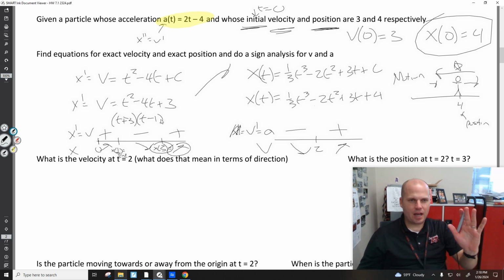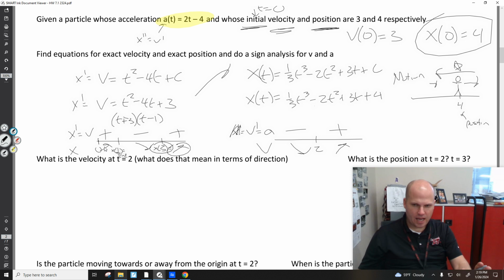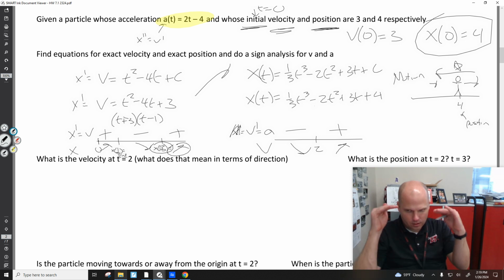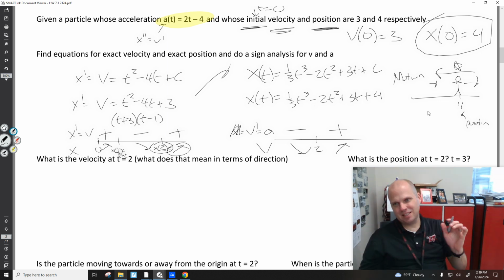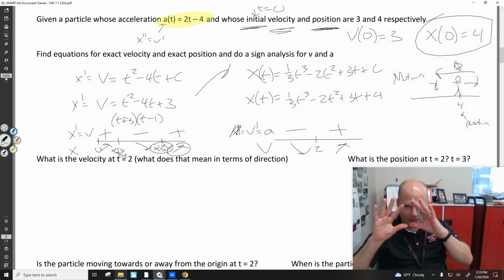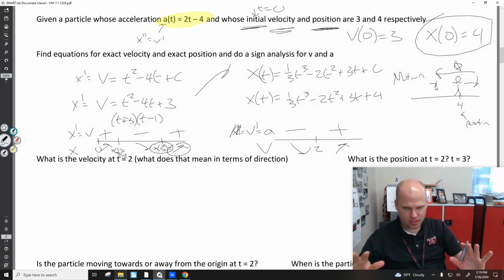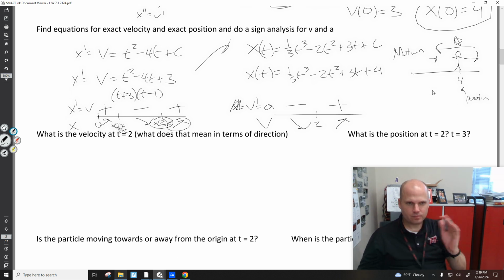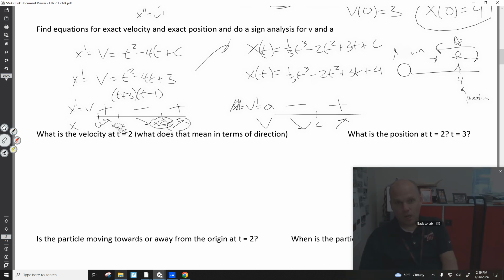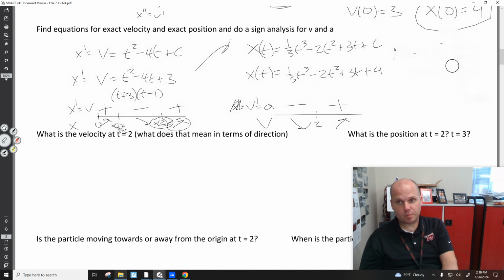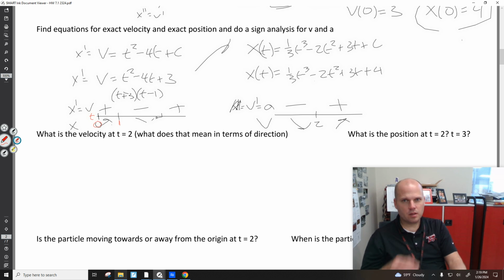That's the idea behind this sign analysis, which is on a time axis, telling you what's happening on this analysis, which is on a position axis. Cool? In the future, we will be paying attention to which positions we're going to and how we're going to find those positions, okay? So this is time 0, time 1, time 3.